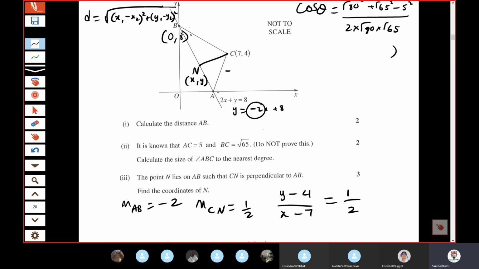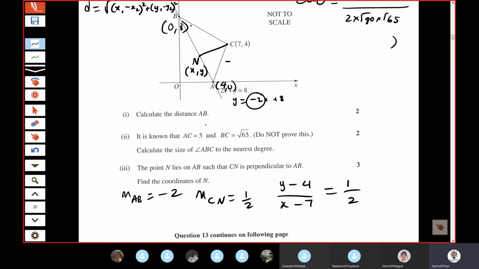And this one here was 4 and 0. You cannot say N is the midpoint. That's all right. What else do we have? It lies on that line. X and Y lie on that line.